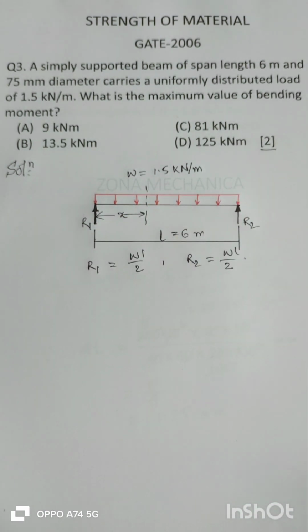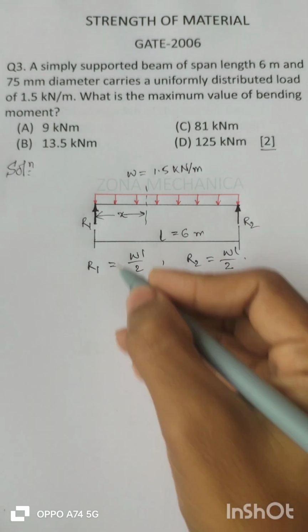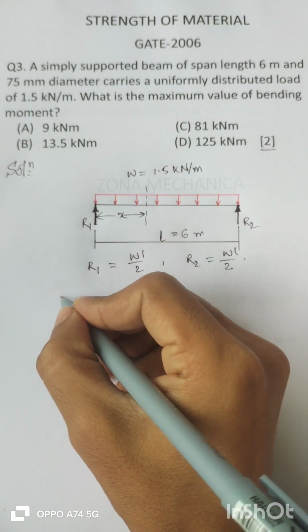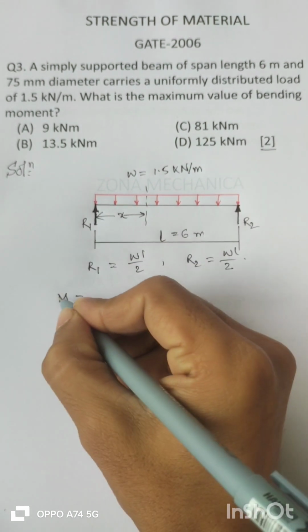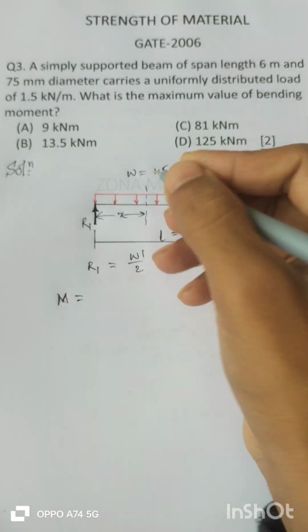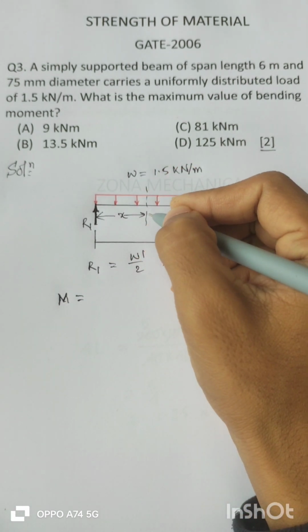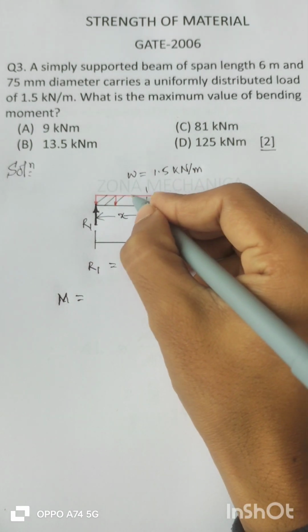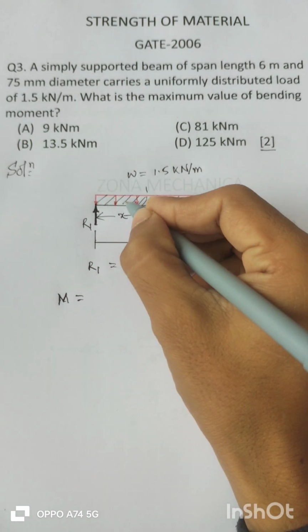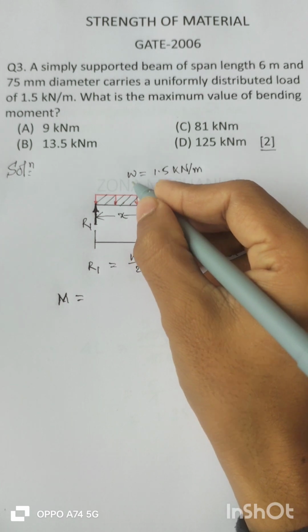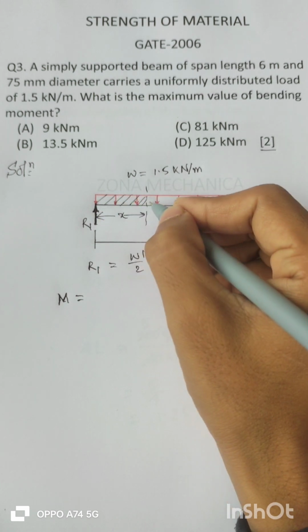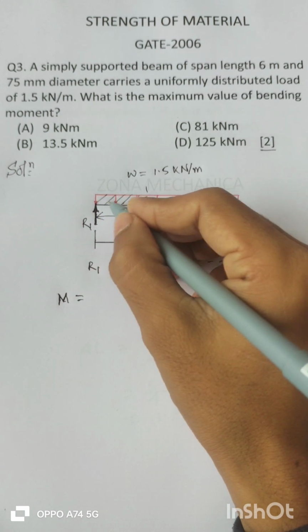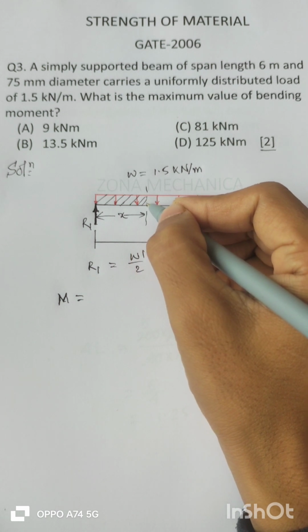There will be two forces causing the bending moment at section A. One is R1 and another one is this load. Up to this length, W into X is the total load in this short span.